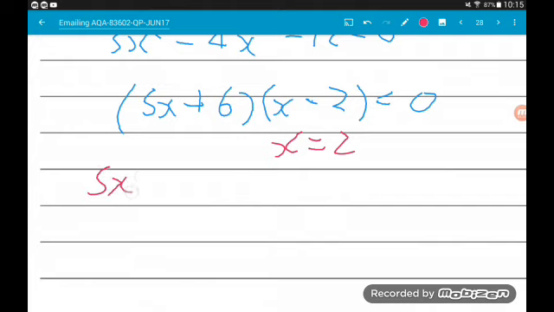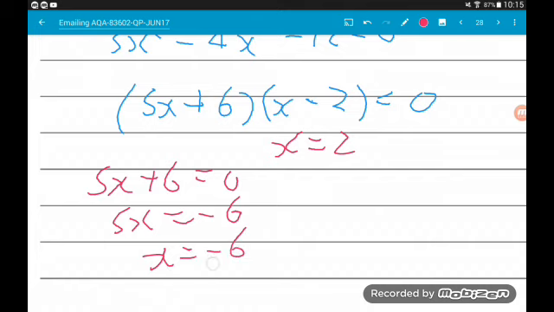So 5x plus 6 is equal to 0. Take away the 6: 5x equals minus 6. Divide by 5: x equals minus 6 fifths or minus 1.2.